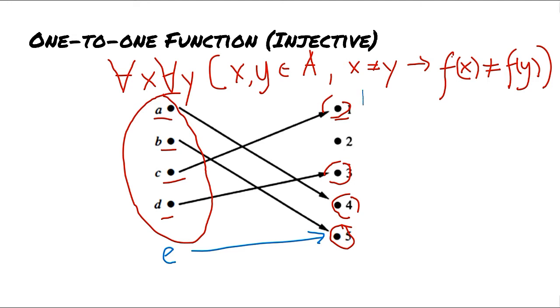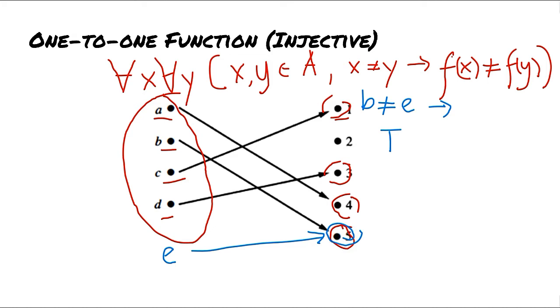So B is not equal to E. In this case, this is true, and it should imply that their assignment should not be the same.